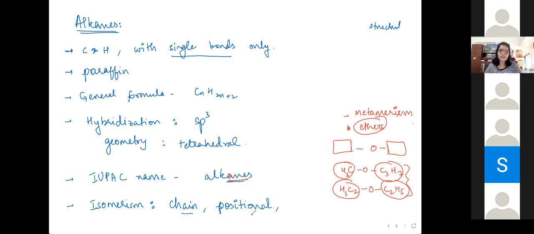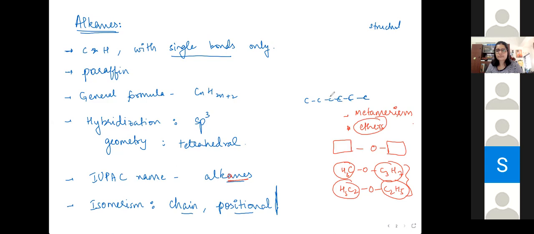You find only chain and positional isomerism. Now coming to geometrical isomerism, do you think there is a possibility of stereoisomerism? Ma'am, I didn't understand why metamerism wouldn't be present in alkanes. Think about it. Alkane is just a long carbon and hydrogen chain.